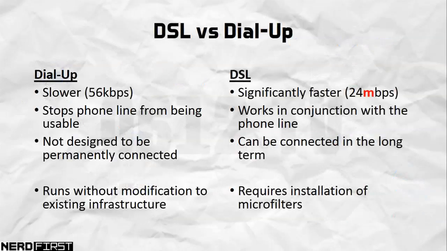So comparing the differences and similarities between DSL and dial-up, for one, DSL is much faster. Thanks to the fact that it uses bandwidth that is outside of the voice band, it can represent a lot more data. And not only that, it allows the phone to be used at the same time. And again, for the same reason, it is no longer using the voice band.